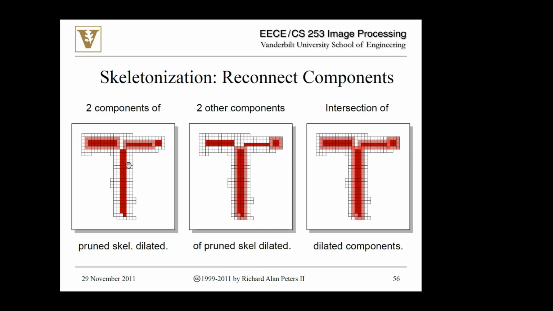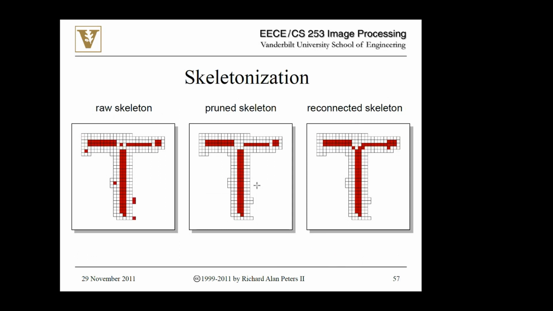Now you dilate. This is the dilation effect. Now you compute the intersection of all the dilated components. So this is the dilation of this one, the dilation of this one. Now you compute the intersection of all those, and you add all those intersections to the original skeleton.